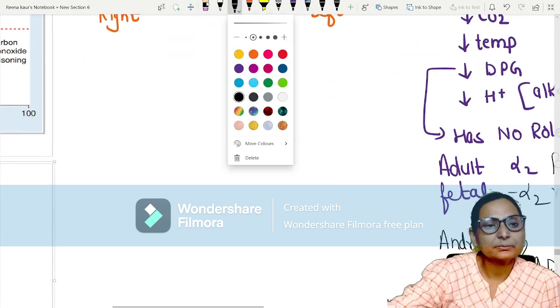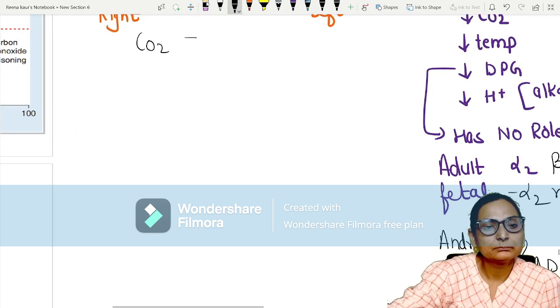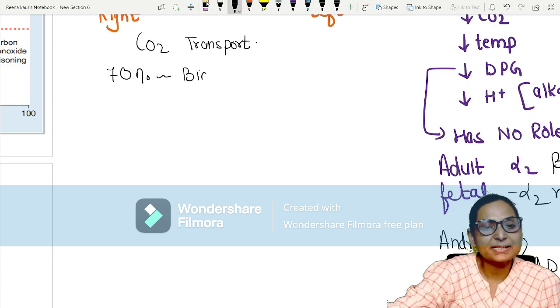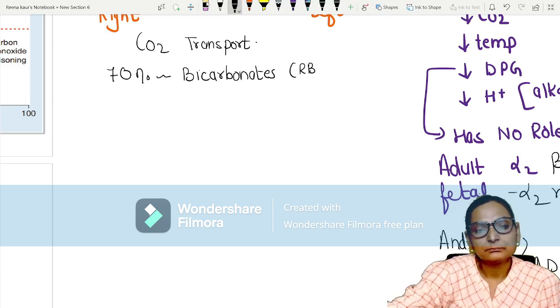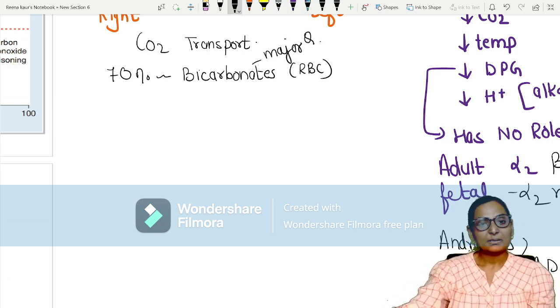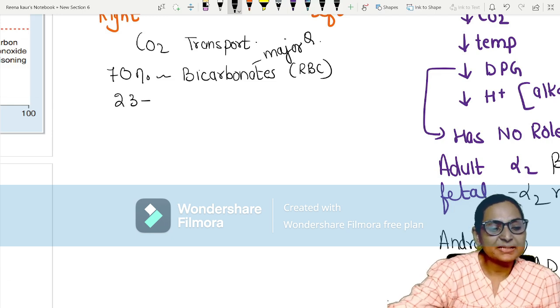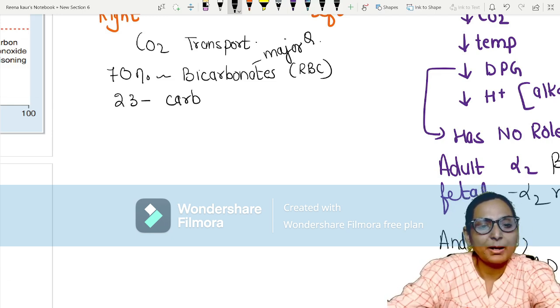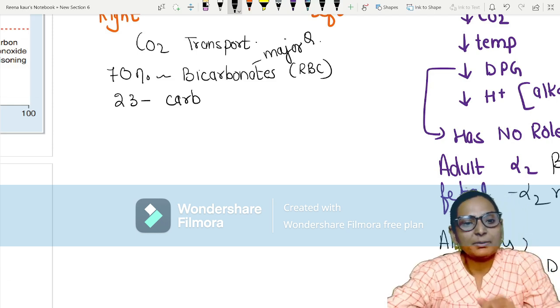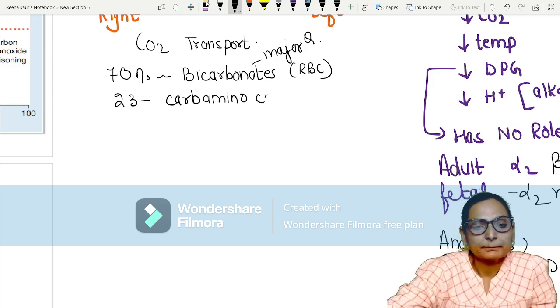Now, how is carbon dioxide transported? 70% is transported in the form of bicarbonates in RBC, and this is the major form of transport of CO2. 23% is in the form of carbamino compounds, that means in combination with proteins.